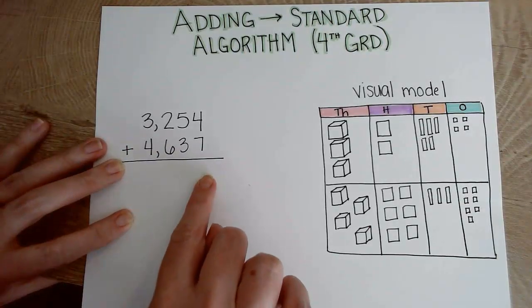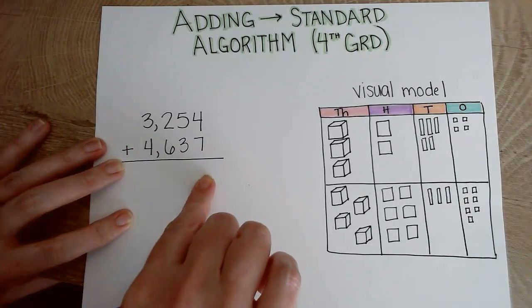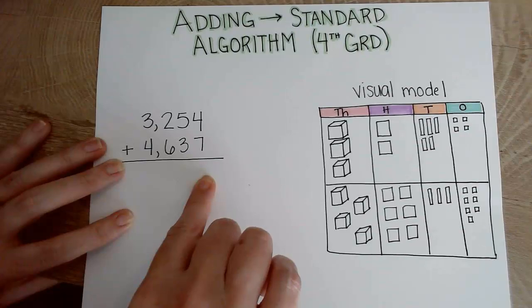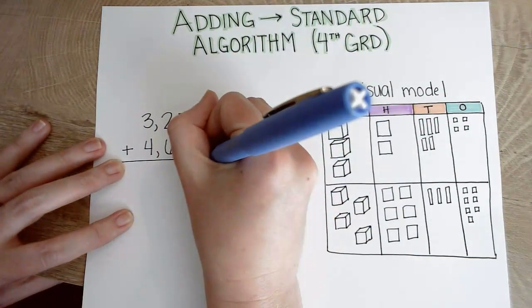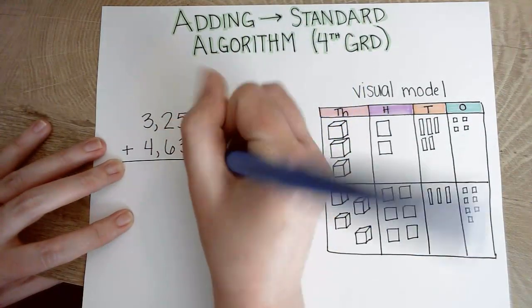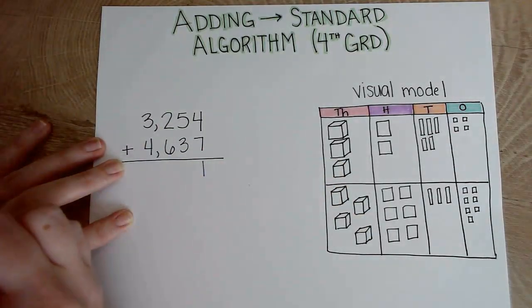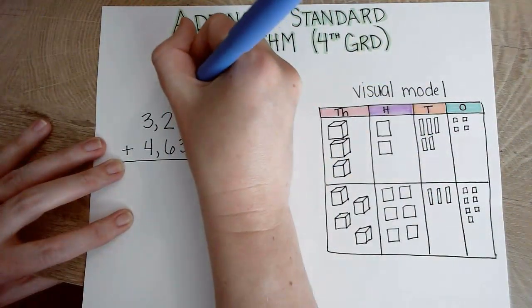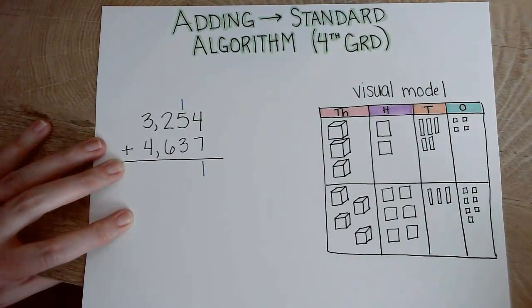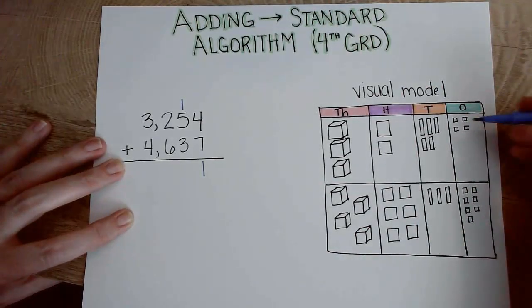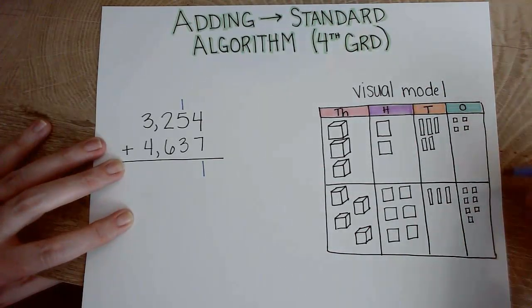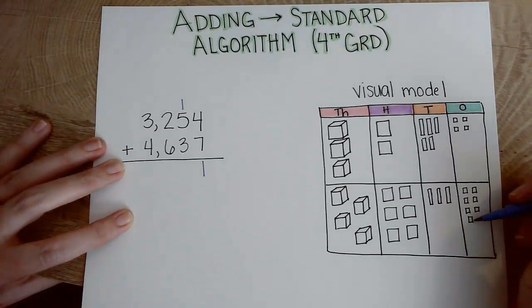Now, I cannot write 11 down here in my solution. So what we will do is we're going to write down what we have in the ones place, and we're going to carry that 10 over to our tens place. Now we can see this here that we have 1, 2, 3, 4, 5, 6, 7, 8, 9, 10, 11.